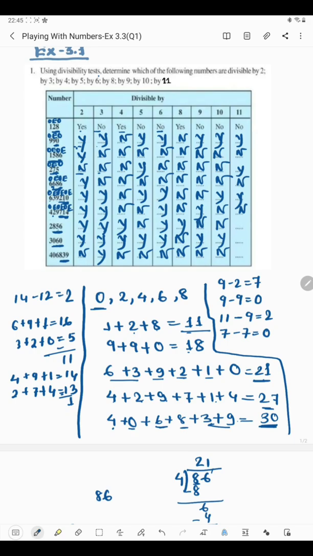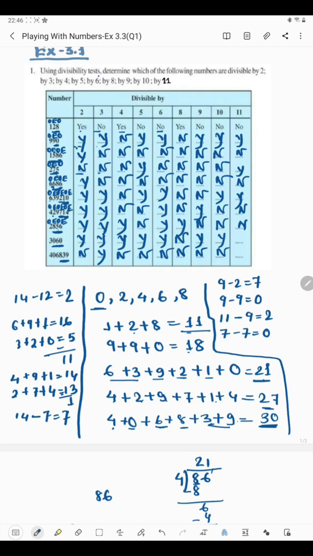Now next we have odd, even, odd, even. The sum of the digits at odd places is 5 plus 2 is 7, and the sum of the digits at even places is 8 plus 6 is 14. If you find the subtraction, we will get 7, which is not divisible by 11.